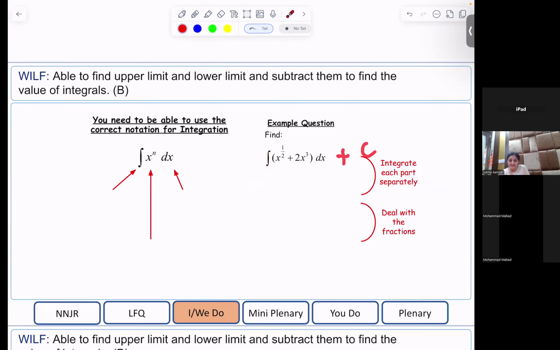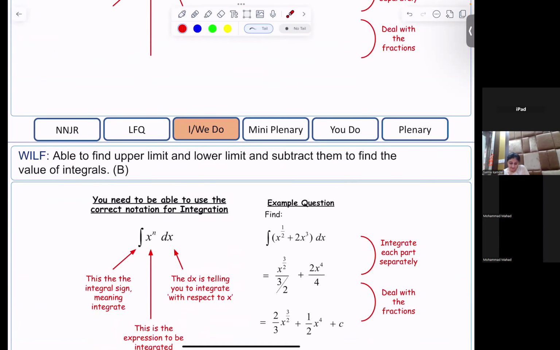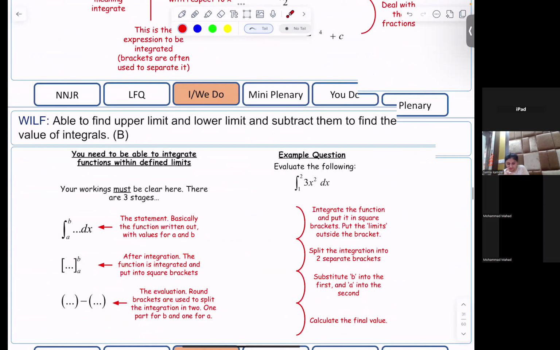So you will always add a C. Okay. So when you're integrating, what are the rules you keep in mind? First, indices. Then integrate each part separately and then add a C. Again, three rules. First, it should be in its indices form. Then we need to integrate each part separately and then add a C.